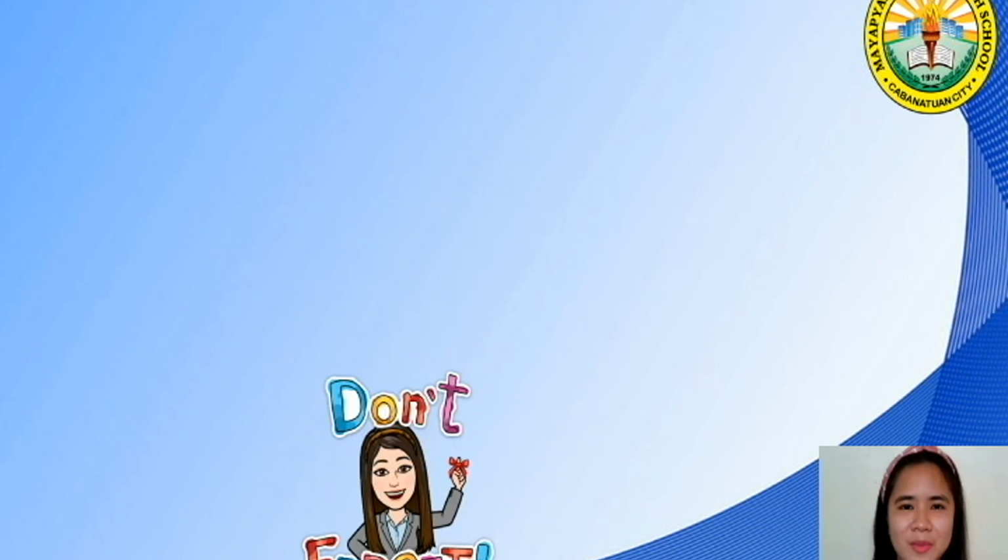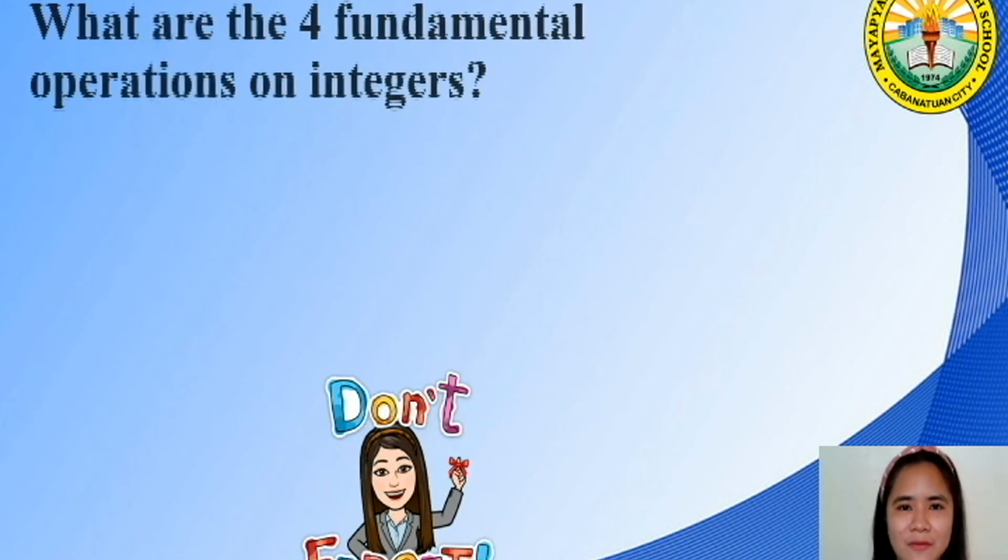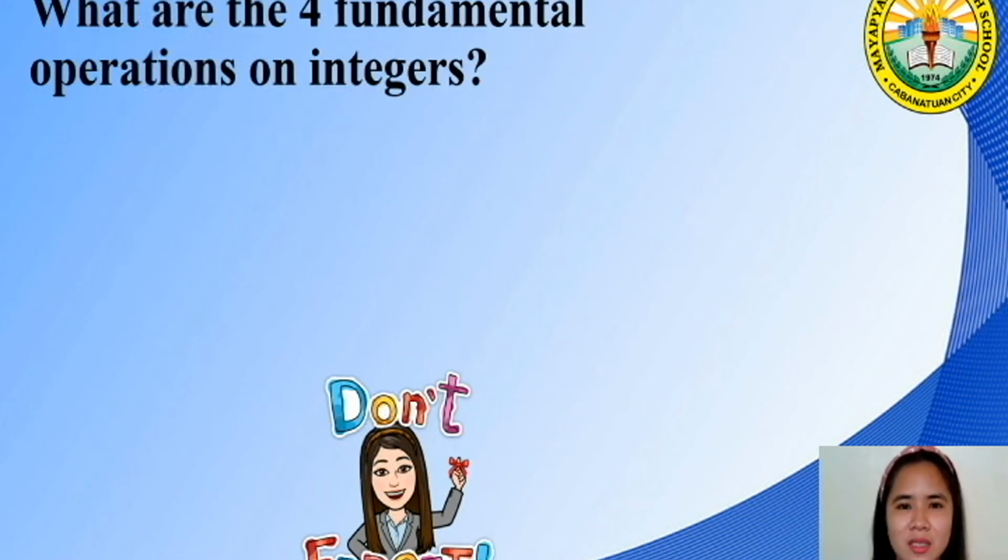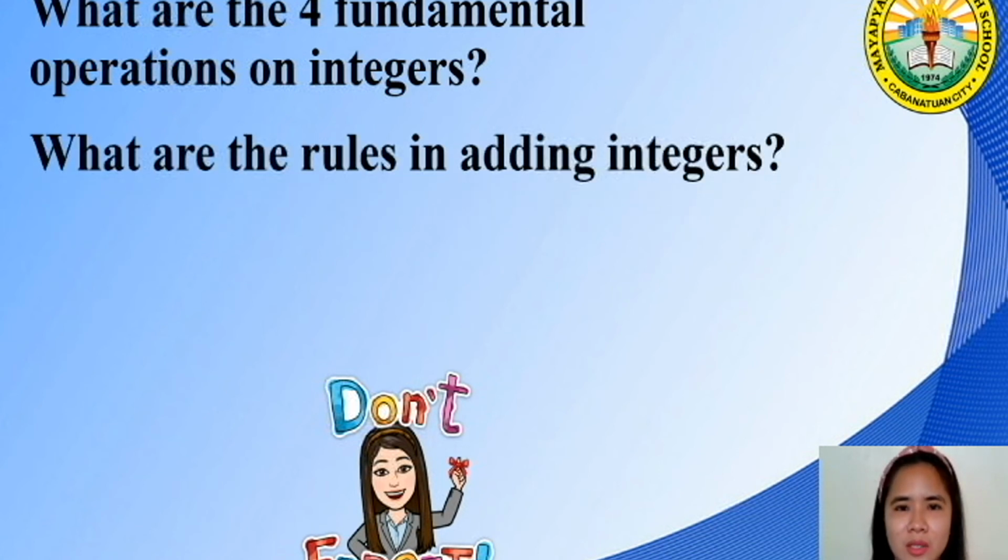Let us have some recap. What are the 4 fundamental operations on integers? Excellent! The 4 fundamental operations on integers are addition, subtraction, multiplication, and division. What are the rules in adding integers?